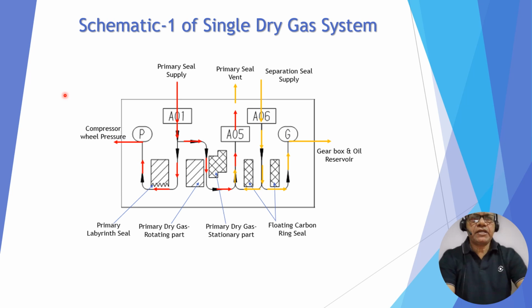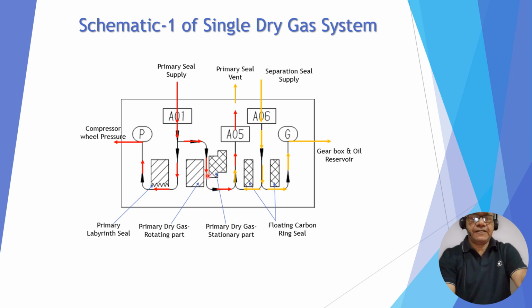And this is a schematic of a dry gas seal system. This is the primary labyrinth seal, you can see, and this is the dry gas seal. So this is the primary dry gas seal rotating part, and this is the primary dry gas seal stationary part.